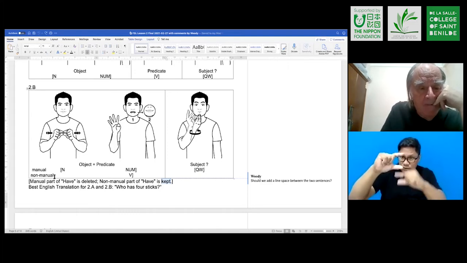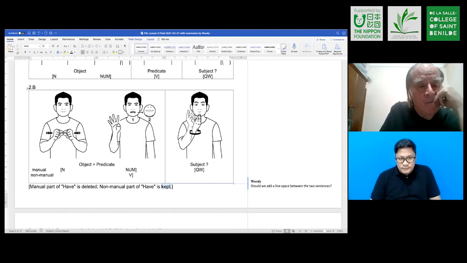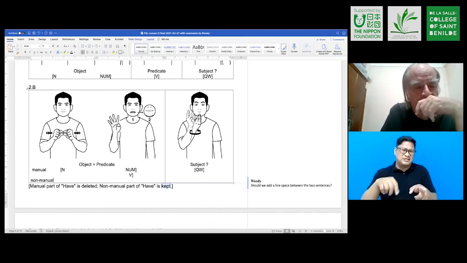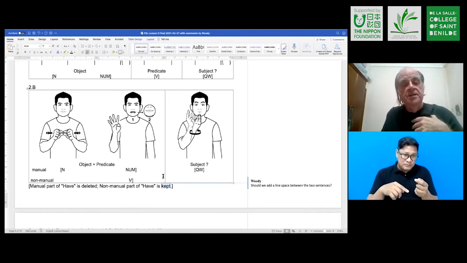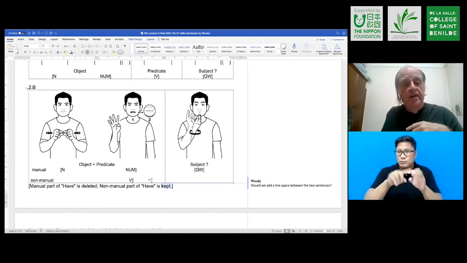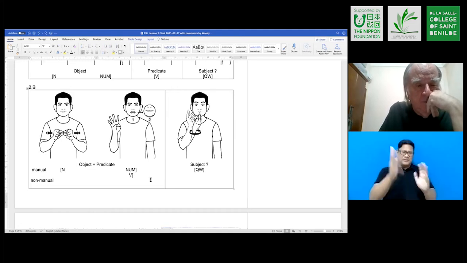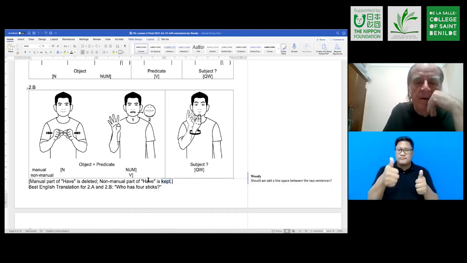Unfortunately, you may not be able to do it because you don't want to put the space inside 2B, the example. So I think just leave it as it is. It's fine.